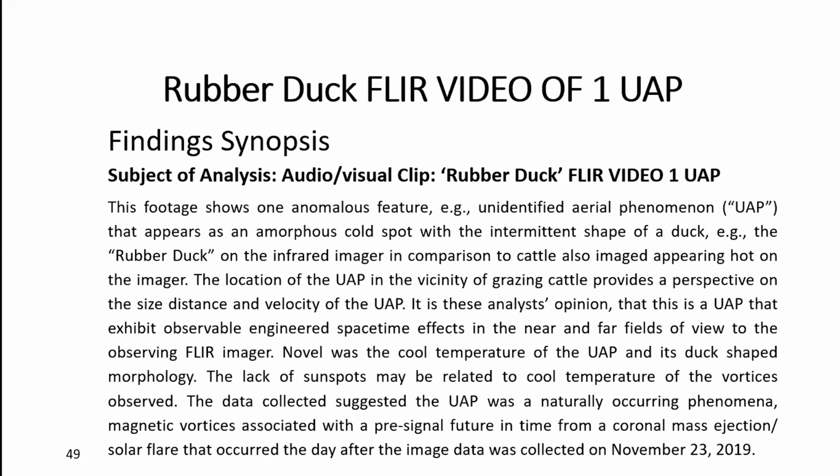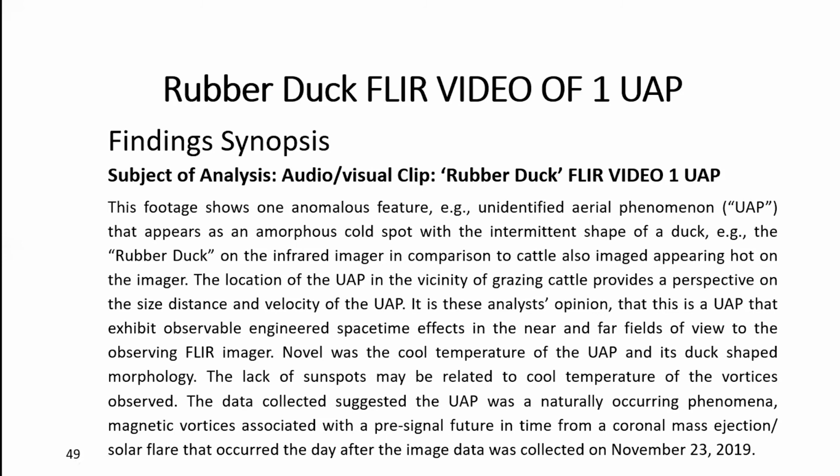Okay, thank you. The footage shows one anomalous feature, an unidentified aerial phenomena, UAP, that appears as an amorphous cold spot with the intermittent shape of a duck, e.g. the rubber duck on the infrared imager in comparison to cattle also imaged appearing hot on the imager.